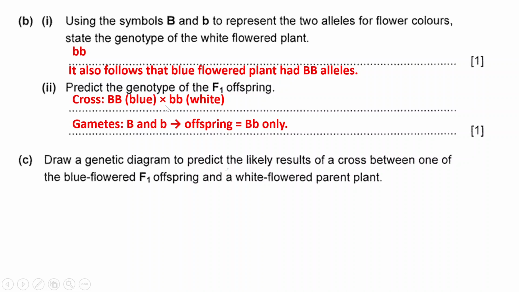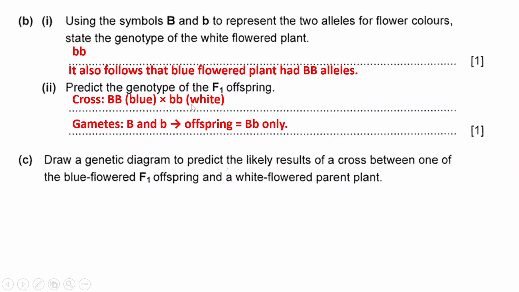These are the gametes. Each offspring plant is going to receive capital B from this parent and small letter b from this parent here.